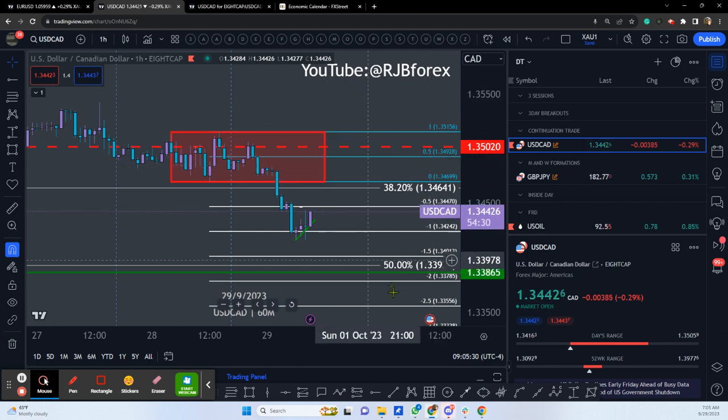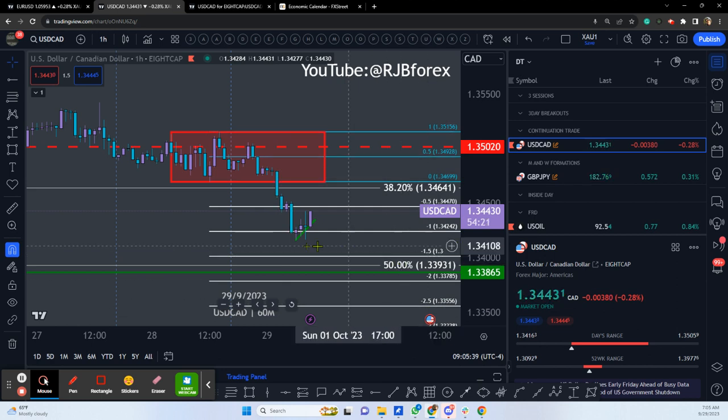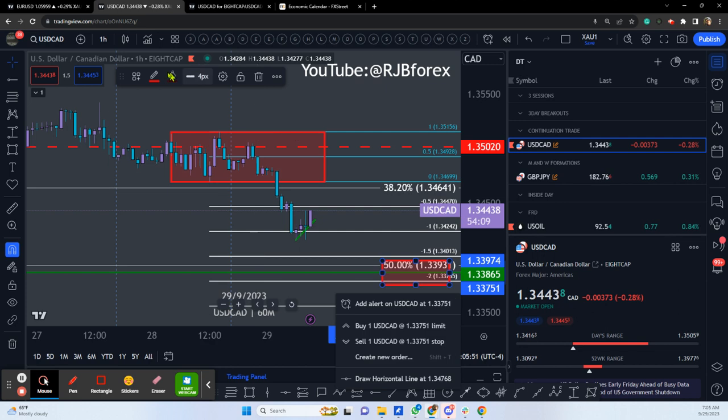Okay, and that marries up with the 50% mean reversion of that bullish impulse that we saw on the weekly chart, and pretty much aligns with the wick as well that we're targeting. So that is a targeted area. This in here is a targeted area for the downside.